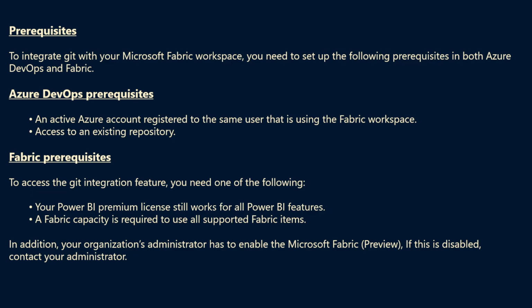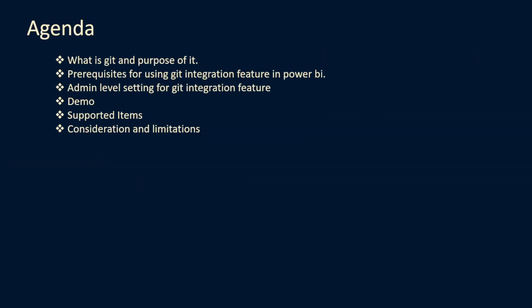I'll show you this setting in the admin portal when we talk about the admin level settings, so don't worry about that. But this is all about the prerequisites that need to be set up before getting into the Git integration configuration.